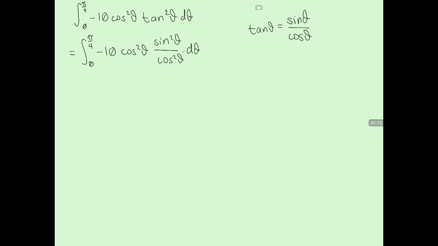So now these cosine squared thetas can cancel out, and we have a much simpler integral to compute. So if we keep going, then what we are going to get is negative 10 sine squared theta d theta.